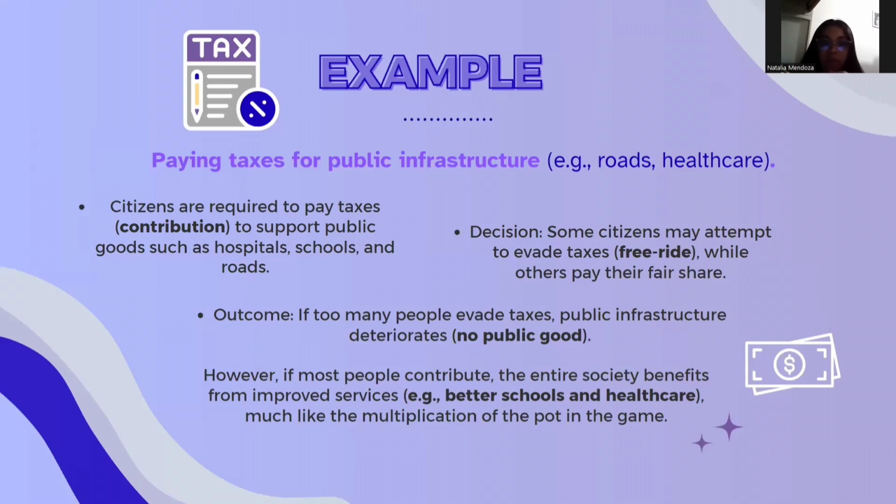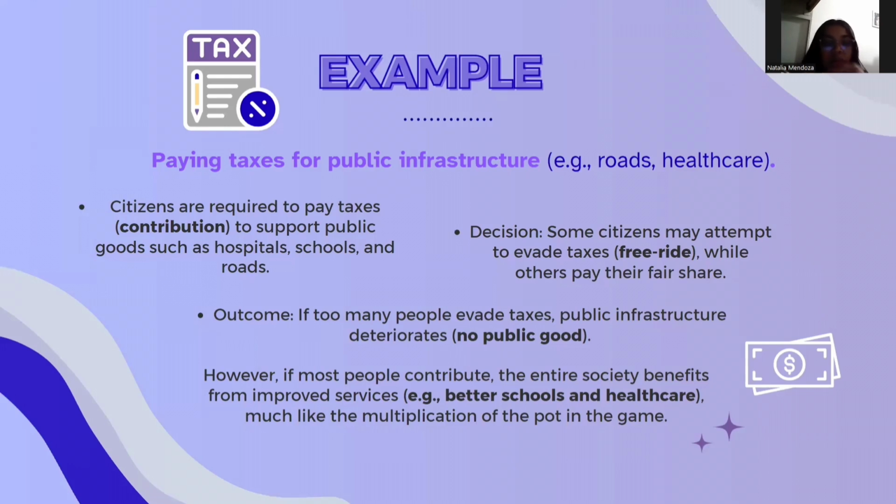For example, paying taxes for public infrastructure, let's say roads, healthcare, institutions. Let's say that citizens are required to pay taxes, let's call them a contribution, to support public goods such as hospitals, schools, roads, as I said, institutions.